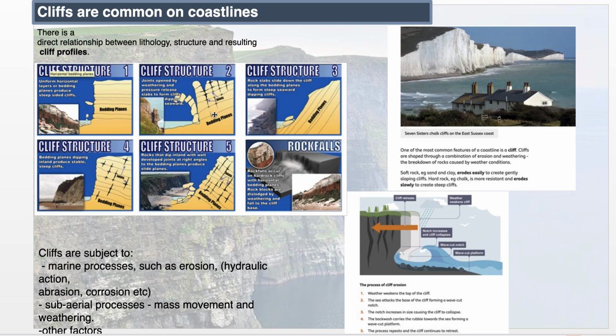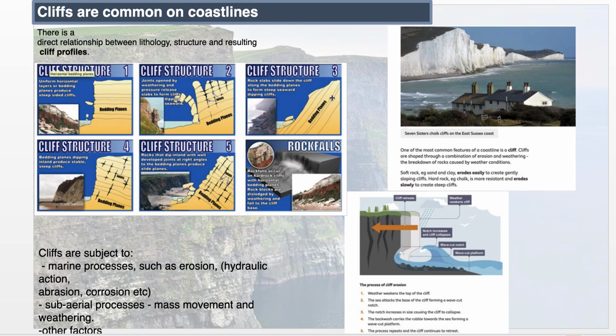If you have dip here in picture 2 with cracks in the rocks, the dip and the cracks enable weathering and mass movement to occur and erosion at the base of the cliff. So these cliffs, generally speaking, are prone to more collapse than these vertical cliffs here.